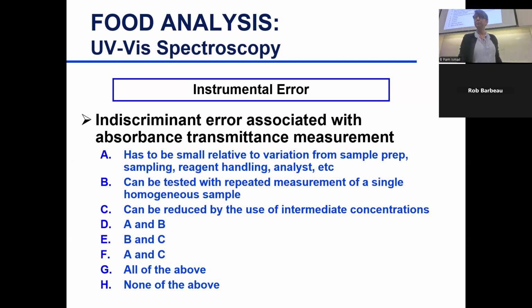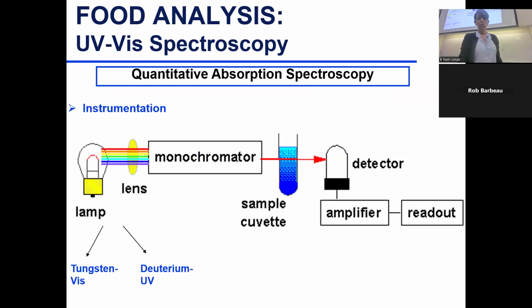Okay, good. So in terms of an instrument, we kind of talked about this multiple times. You have a lamp, and depending on whether it is visible light or UV light, it will be either tungsten or deuterium. And the lamp gives you the light that goes into a monochromator.